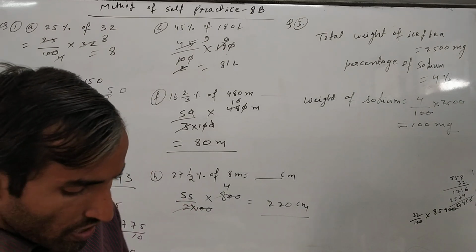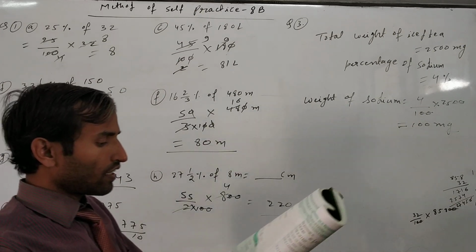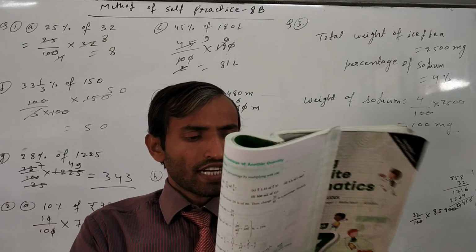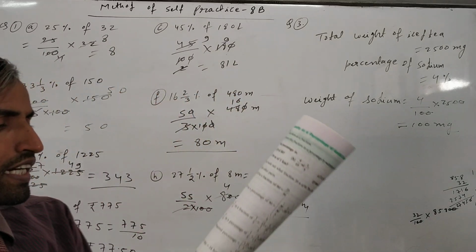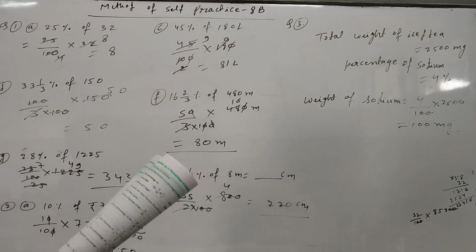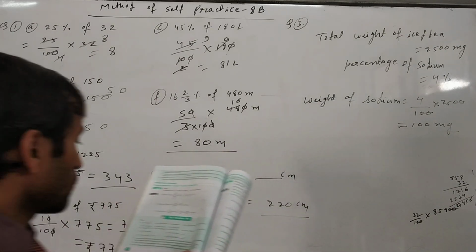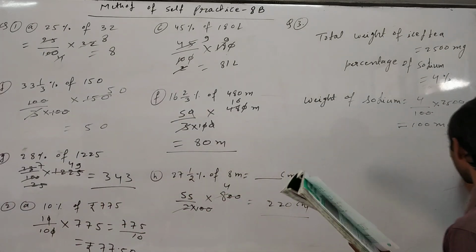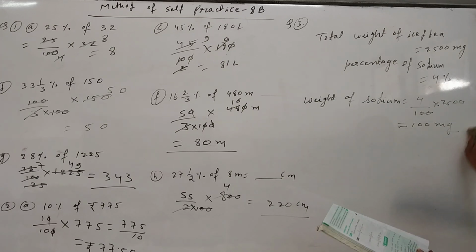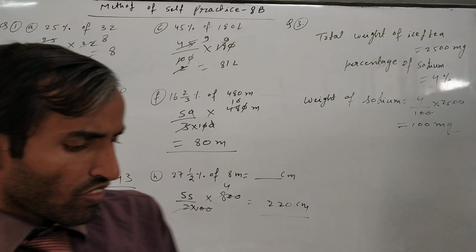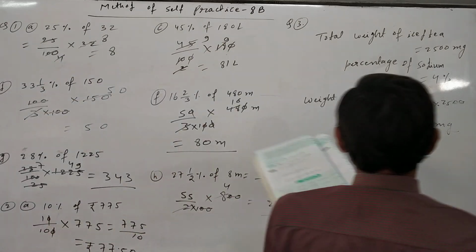Okay, now we will do question number 5. In a referendum, 68% of the 85,800 voters voted yes and the rest voted no. So how many voted no? We have to find the number of voters who voted no. For that, just convert like this.